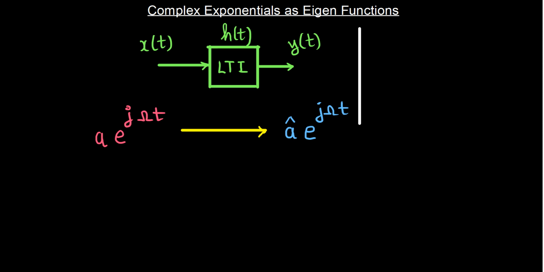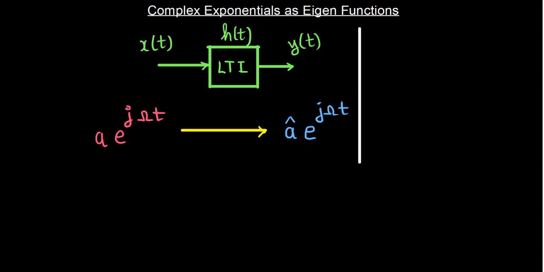Let's suppose I'm having a linear as well as time invariant system as has been shown in this figure, and we know that this LTI system is characterized by the convolution formula. So let's represent this LTI system, or the relationship between the input and the impulse response, by the convolution sum.